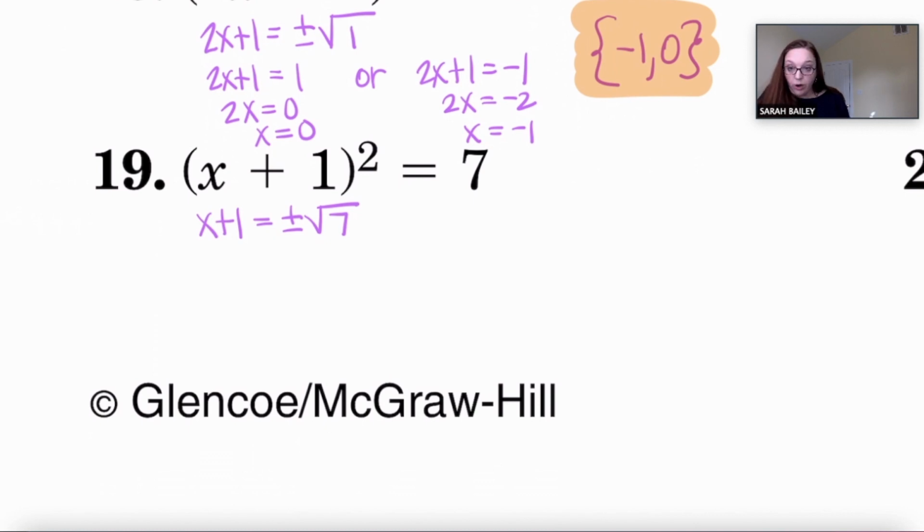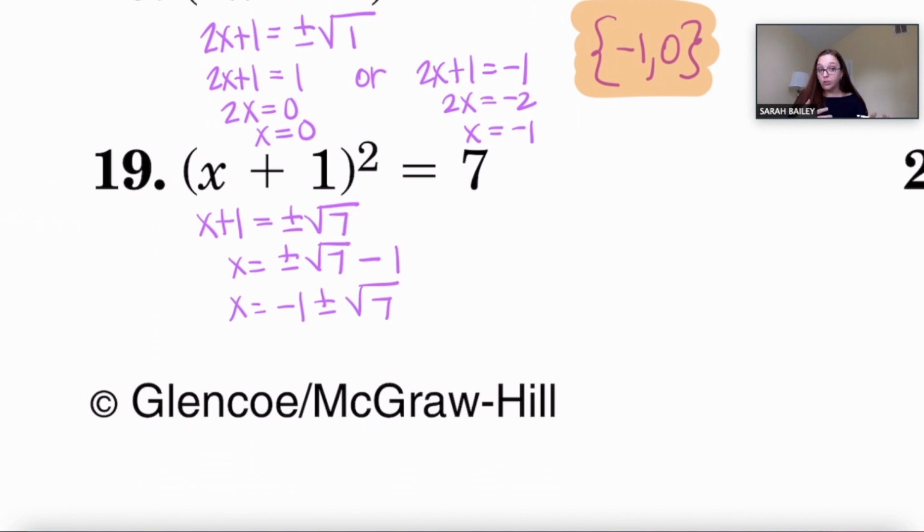So if you subtract 1 on both sides, you'd get plus or minus the square root of 7 minus 1. Or another way to write this is negative 1 plus or minus the square root of 7. Meaning you do negative 1 plus whatever the square root of 7 is, and the other answer is negative 1 minus whatever the square root of 7 is. This is a typical way to leave this, okay, since it's irrational. You're not going to have very many of those instances.